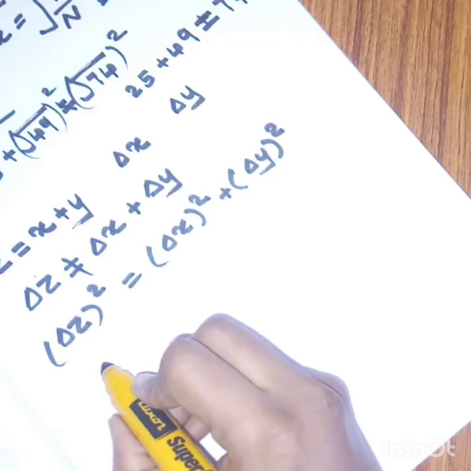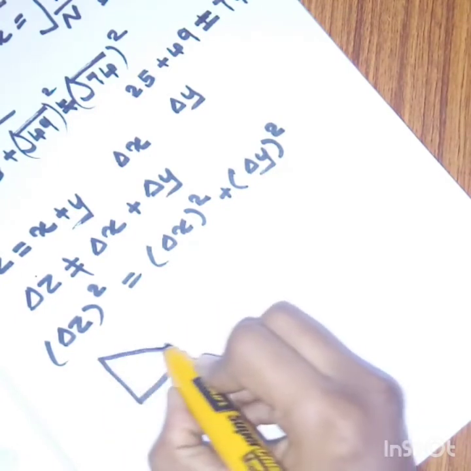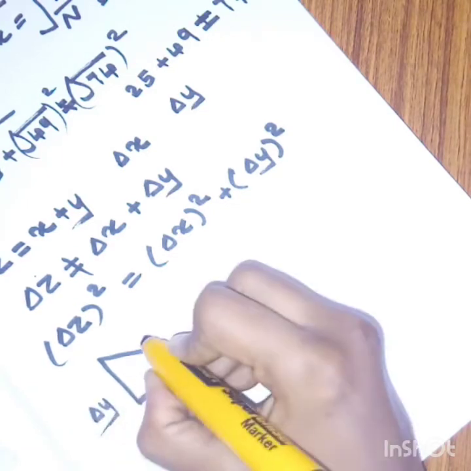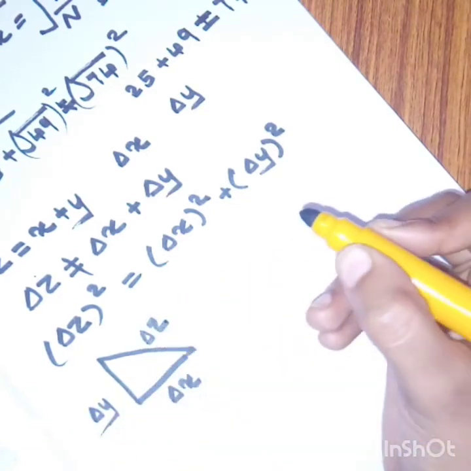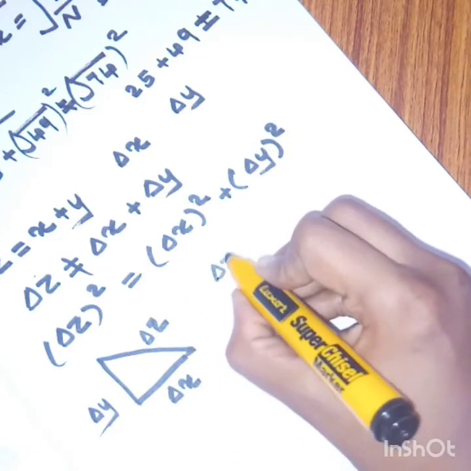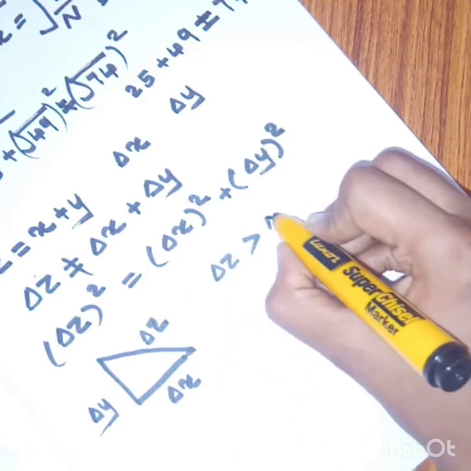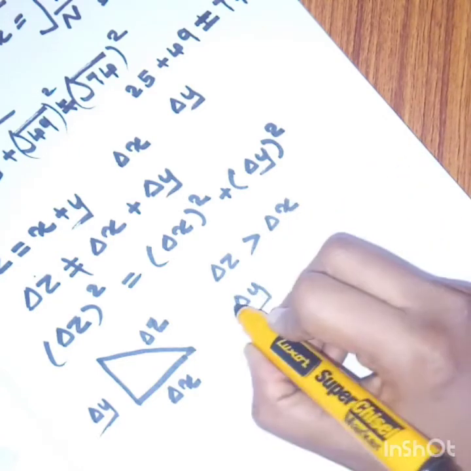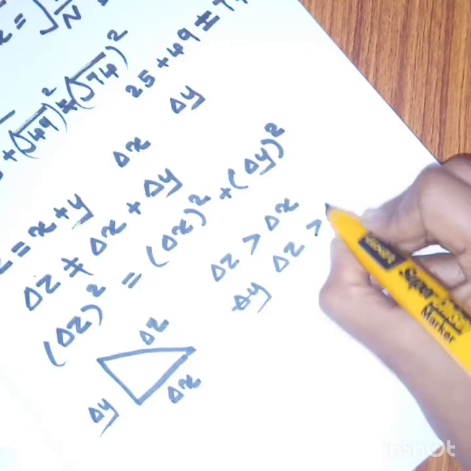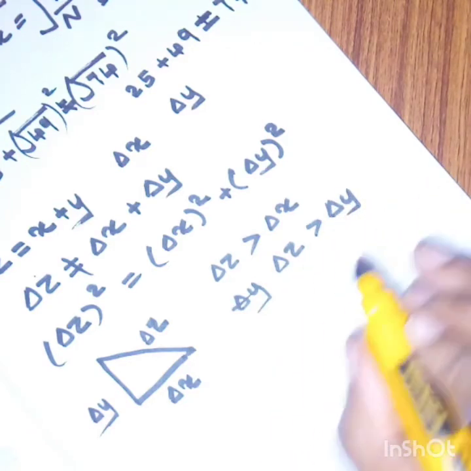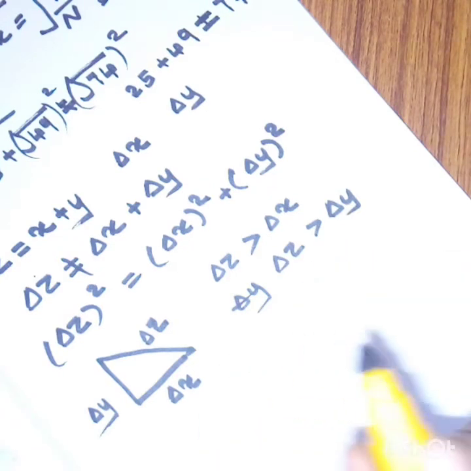It can be represented in a triangle. Here delta x, delta y, delta z. Then we can say that delta z is always greater than delta x. Similarly, delta z is always greater than delta y. Since the hypotenuse is greater than a side, the total uncertainty is always greater than the individual uncertainty.